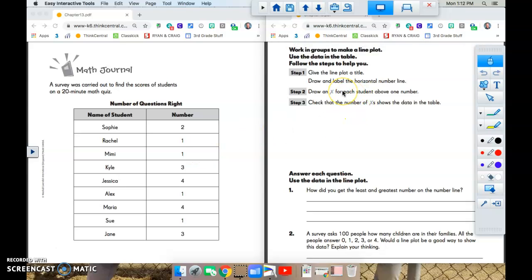Give the line plot a title and then draw and label the horizontal number line. So I'm guessing our title here I'm going to use as number of questions right. And I'm writing that down.